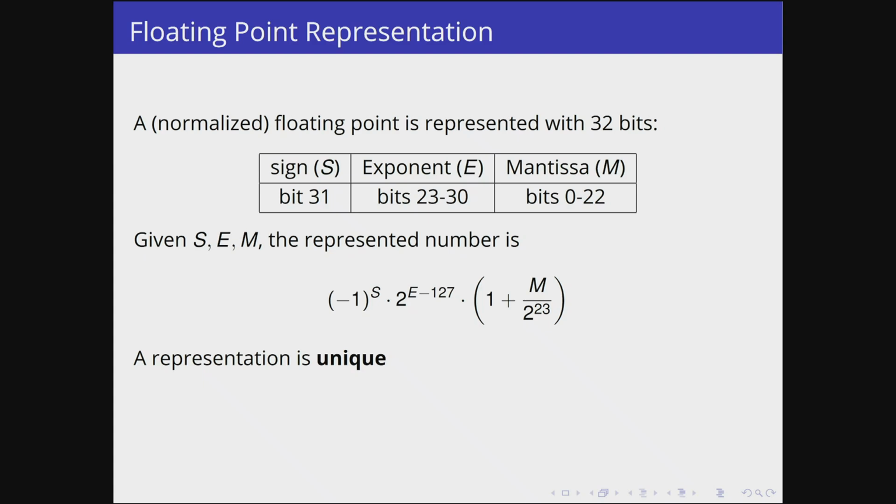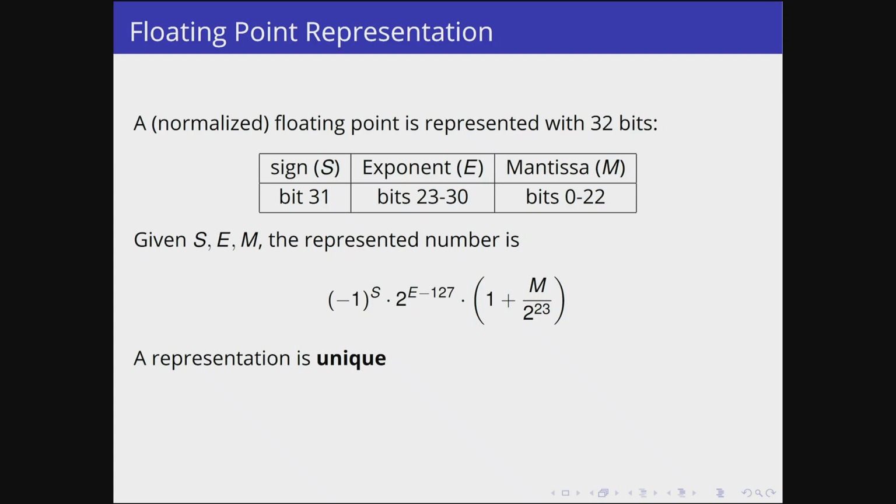And our number is represented by -1 to the sign, which is 0 or 1, times 2 to the exponent minus 127, times 1 plus the mantissa over 2 to the 23. Using the fact that our mantissa is normalized, the representation is unique.